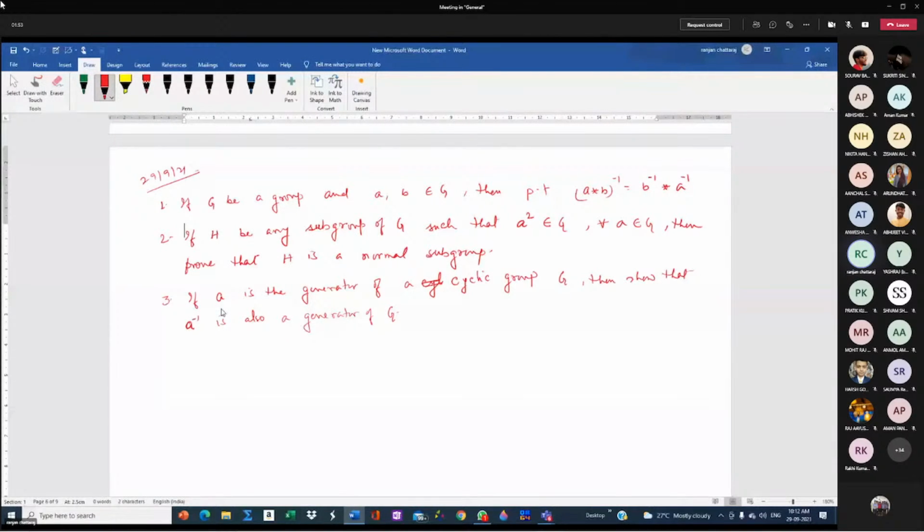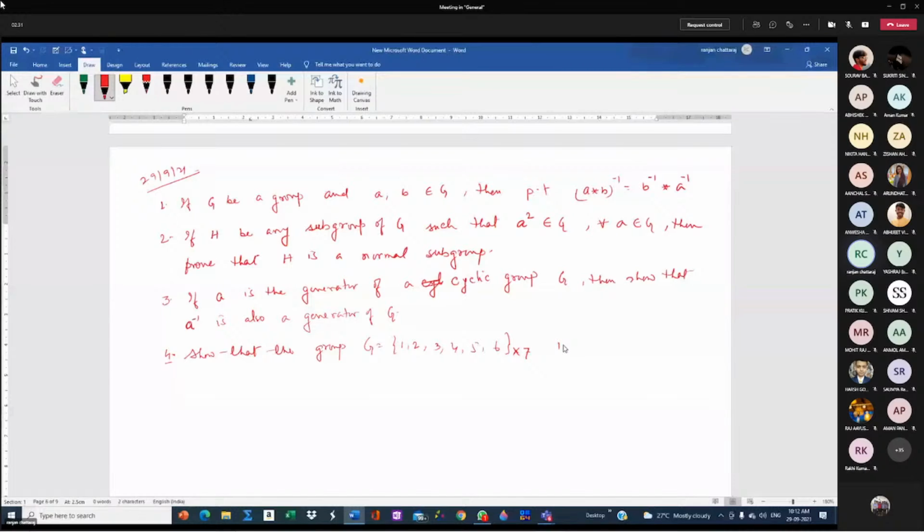So everybody knows the modulo functions. I am just giving a question from the modulo, so that the group G is 1, 2, 3, 4, 5, 6, modulo 7 with respect to multiplication. Modulo 7 with respect to multiplication is cyclic.